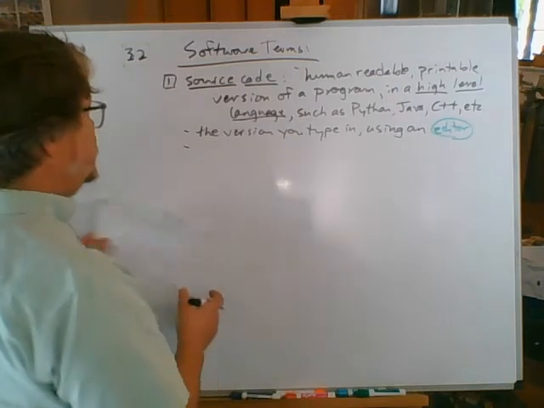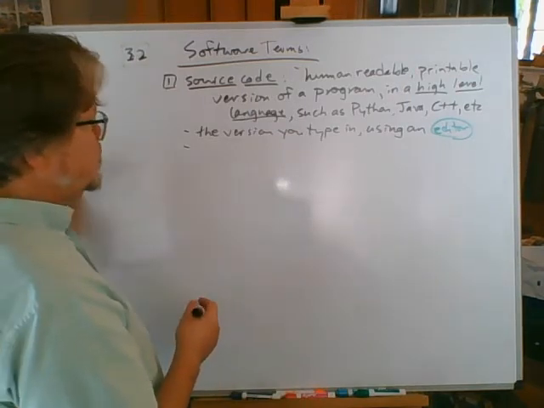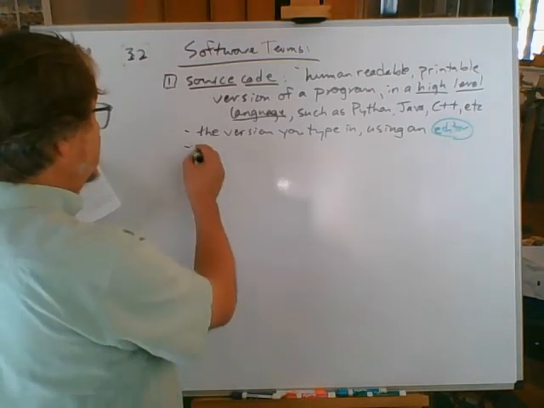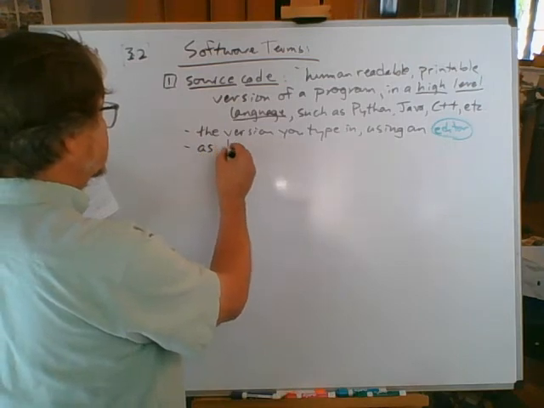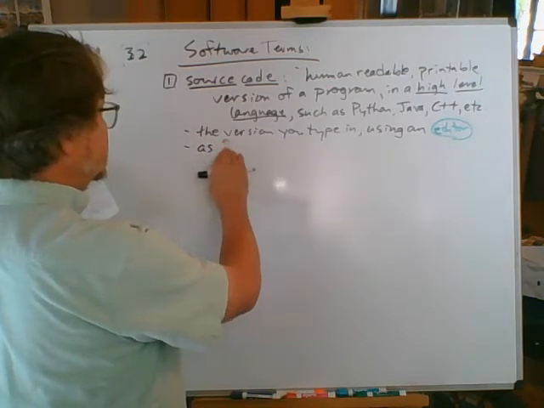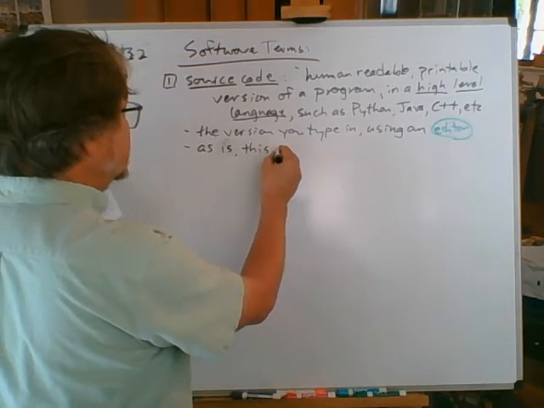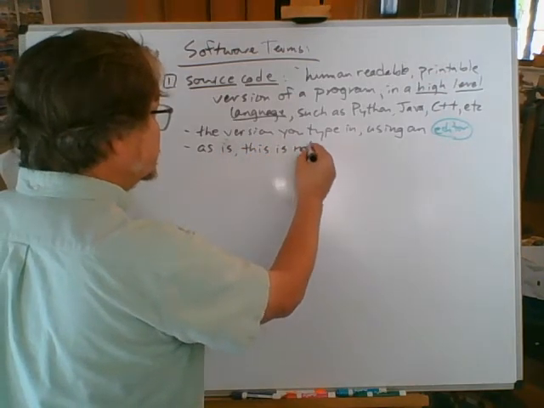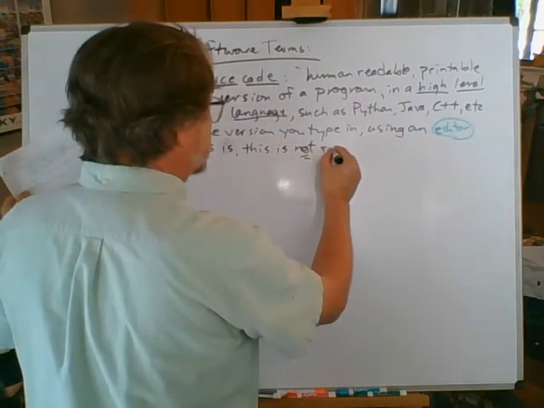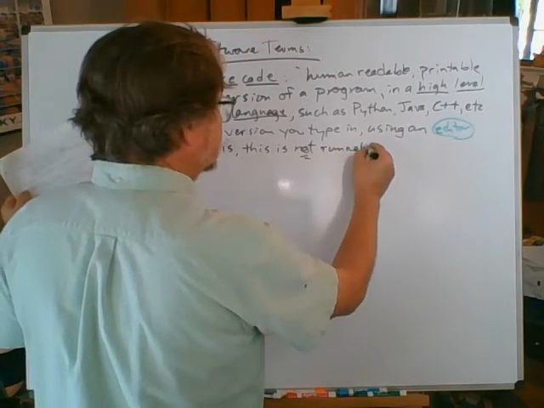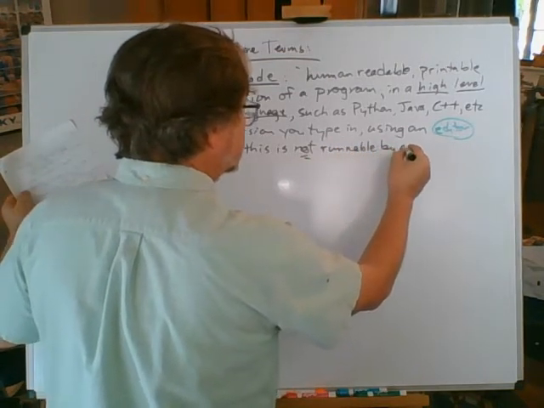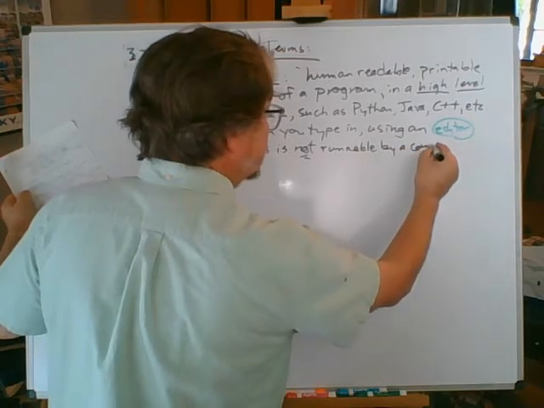Here's another bullet point. How many bullet points do I have? Maybe this will be enough for this one. As is, can't spell is. As is, this is not runnable by a computer. And that is so surprising.